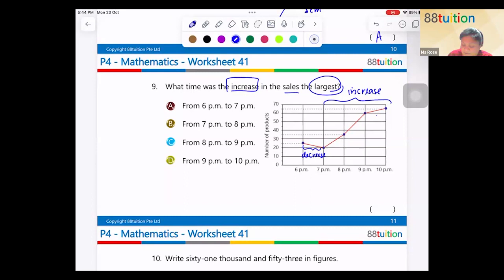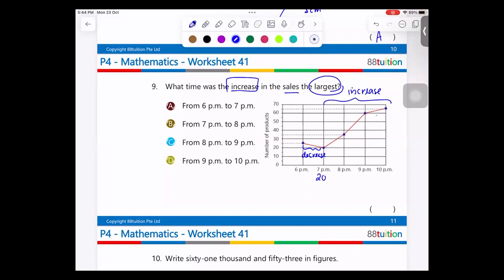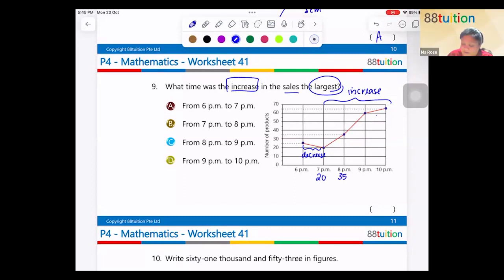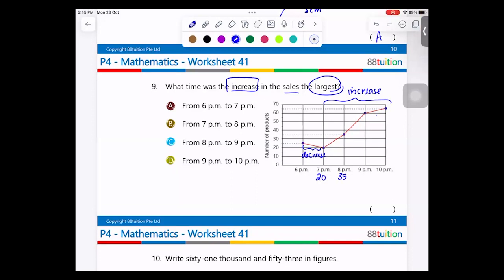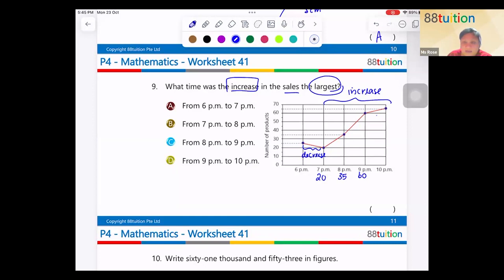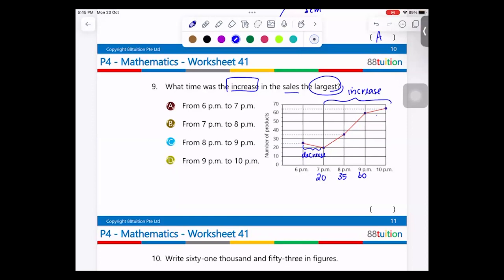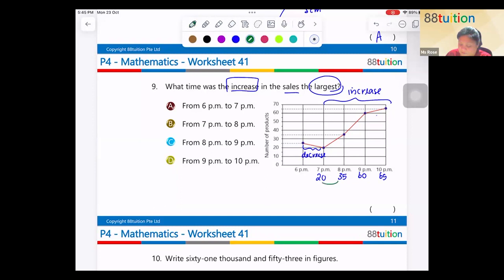So from here, 7 p.m. is 20, whereas 8 p.m. is 35. 9 p.m. is how many products? 60. And at 10 p.m., how many products? 65. So we need to find the difference, right?